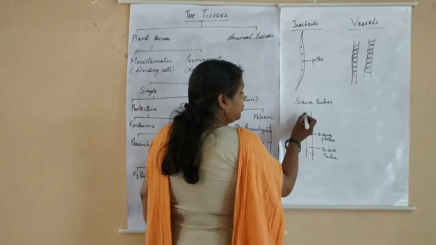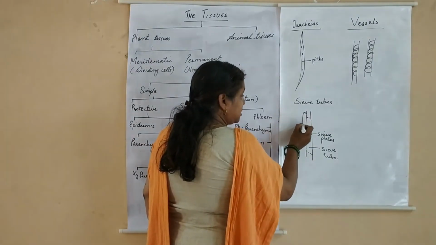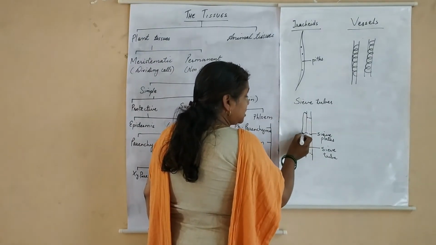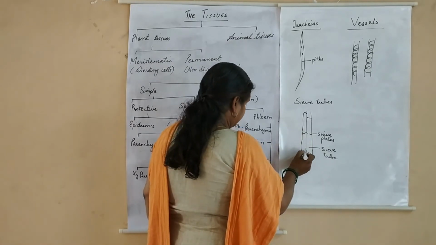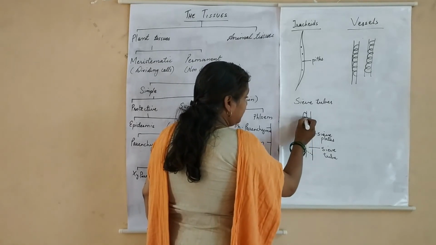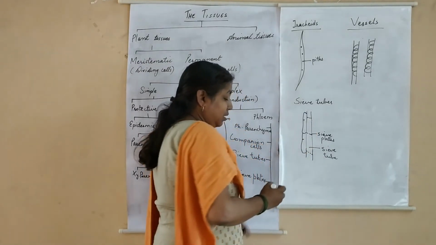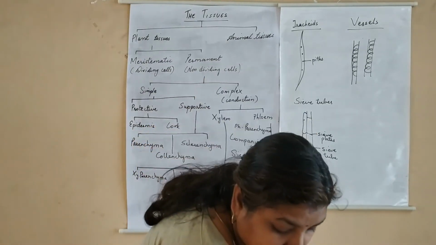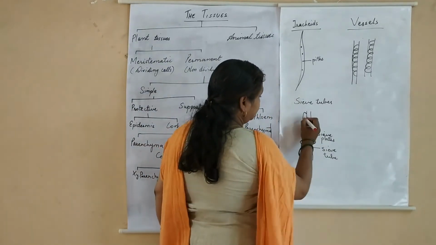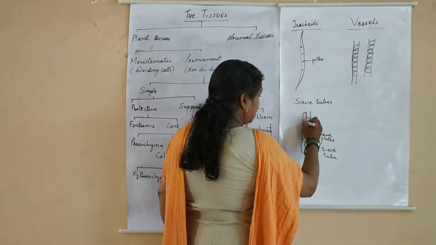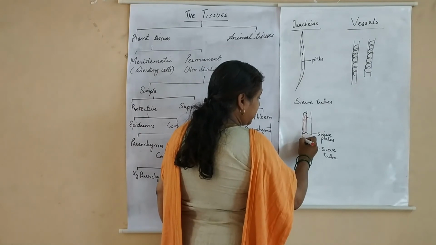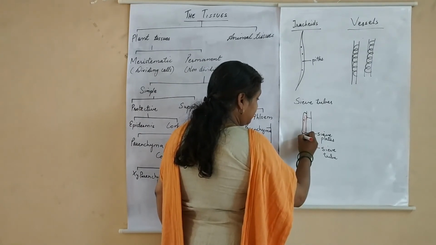Along the sides of your sieve tubes are companion cells. Companion cells are living cells. Since they have to conduct food, the vacuoles are very big.